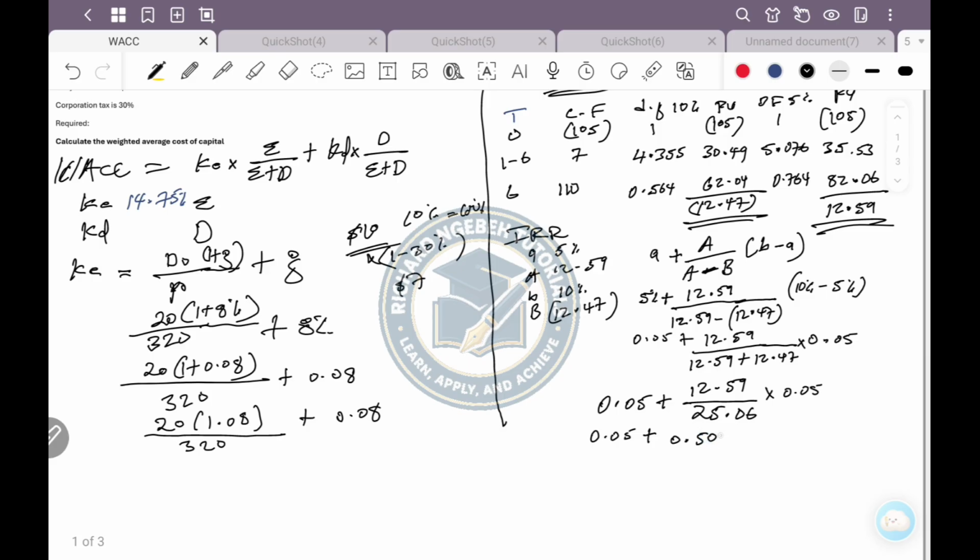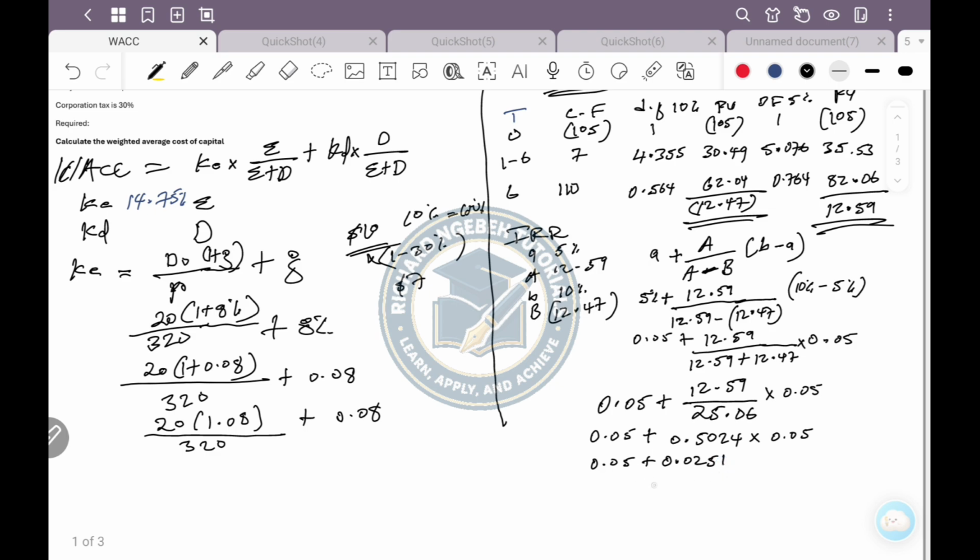You get 0.5024 multiplied by 0.05. So in solving that, you have 0.05 plus 0.5024 multiplied by 0.05, which gives 0.0251.